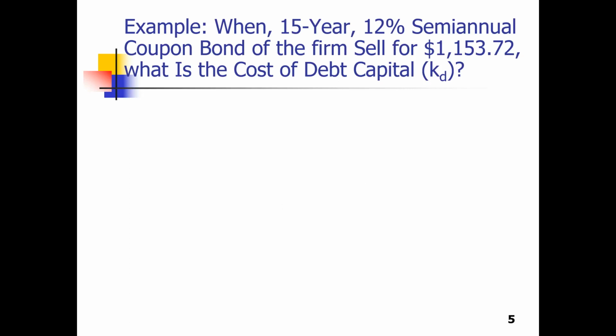And this thing is selling today for 1,153.72. In my introductory finance, the exam asks people, is this a premium bond or a discount bond? And they say it's a premium because they look at 1,153 and it's more than 1,000. What is the cost of debt capital, or KD, is what we want to estimate.